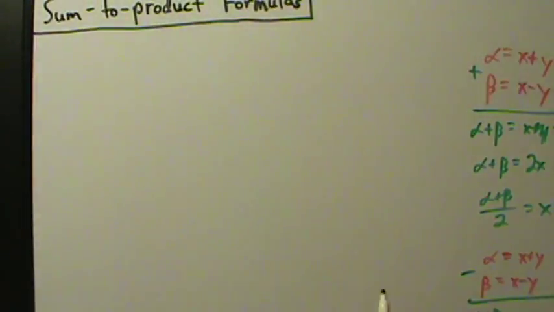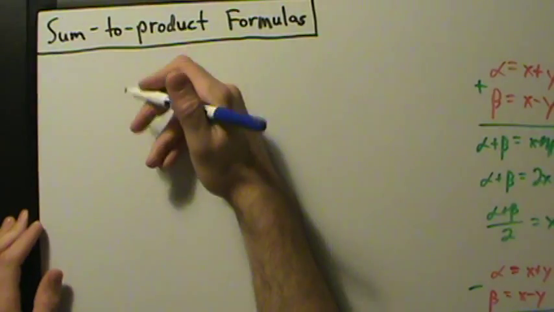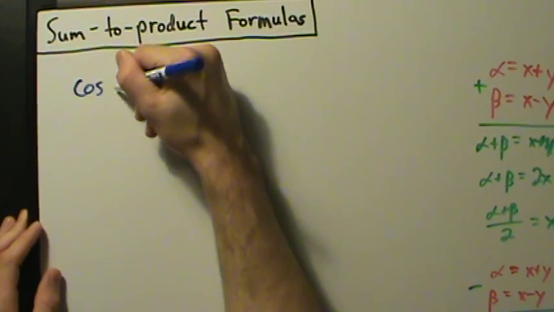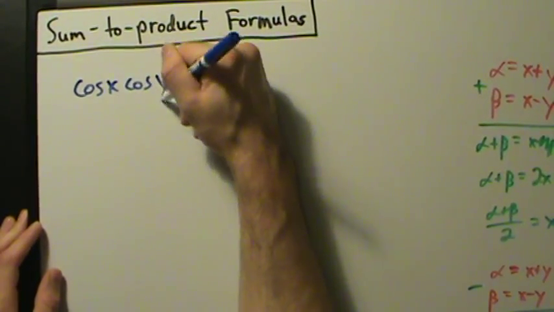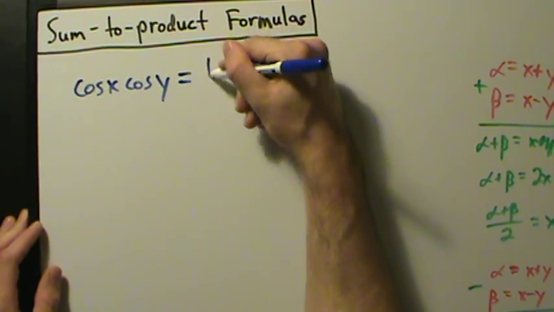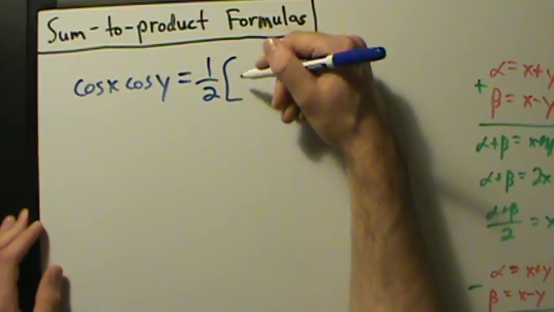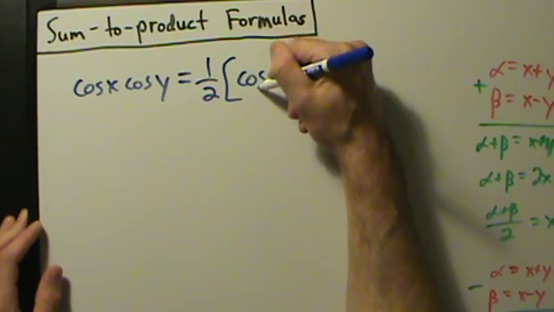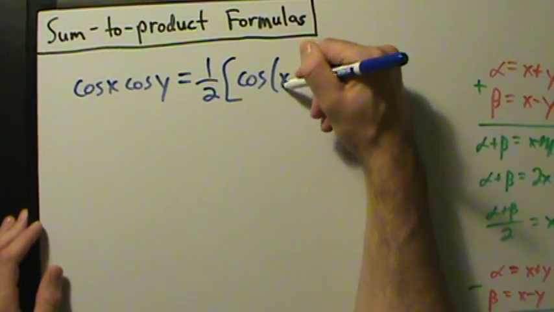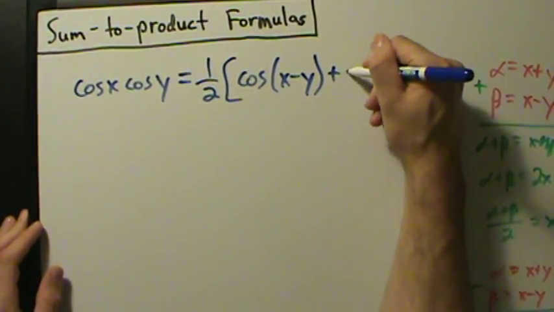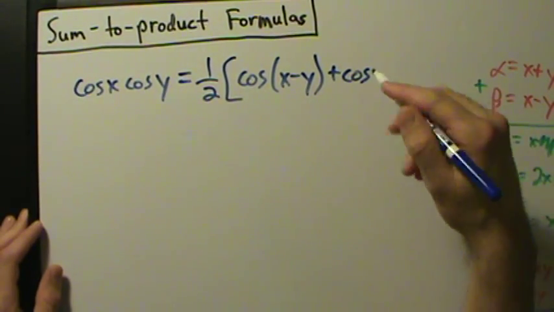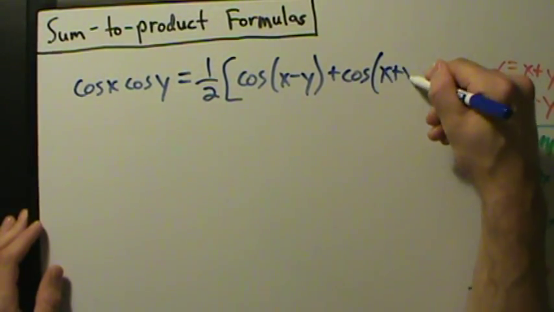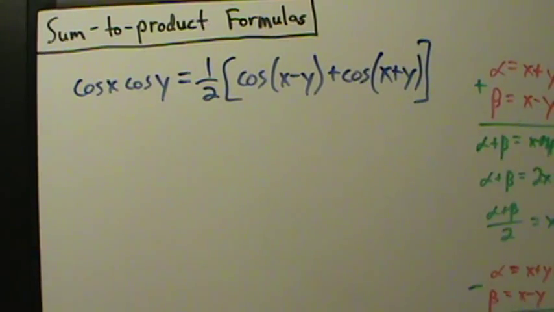But instead of alphas and betas, let's use x's and y's. So that's going to be cosine x cosine y equals 1/2 times cosine of x minus y plus cosine of x plus y.